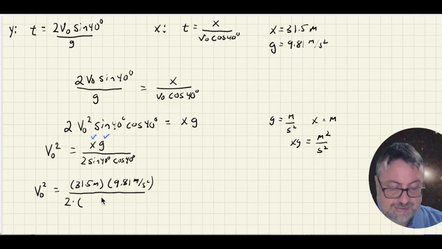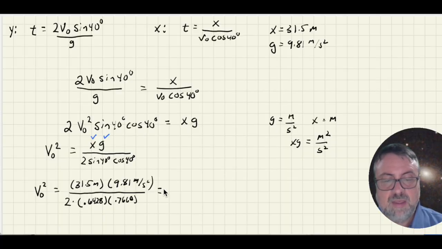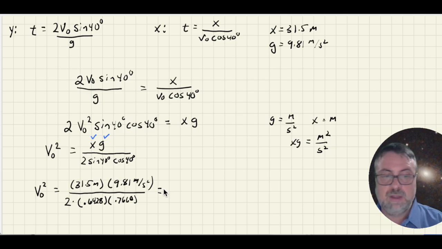Sine of 40 works out to be 0.6428. I'm using 4 sig figs, so I'll round at the end, just be careful. Cosine 40 works out to be 0.7660. All right, well, let's do the math. That's 31.5 times 9.81. Divide by 2.